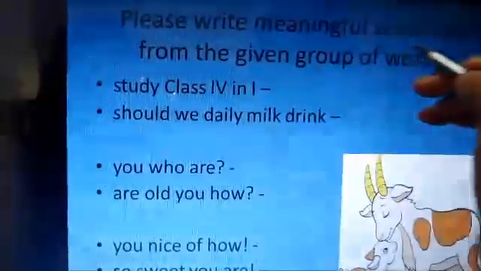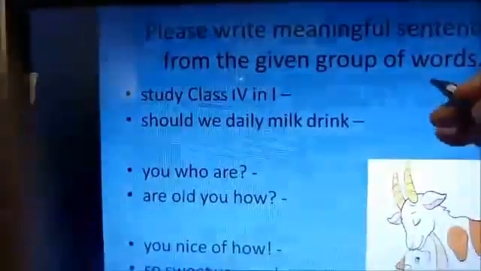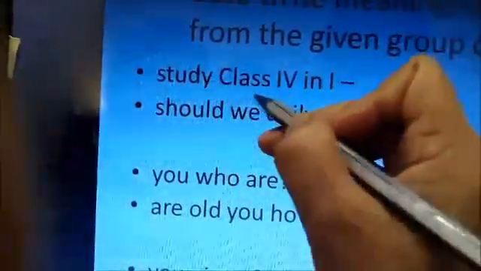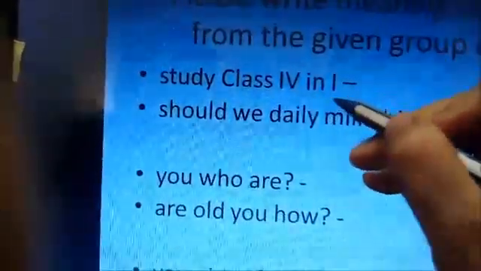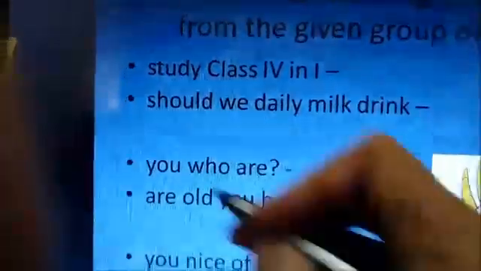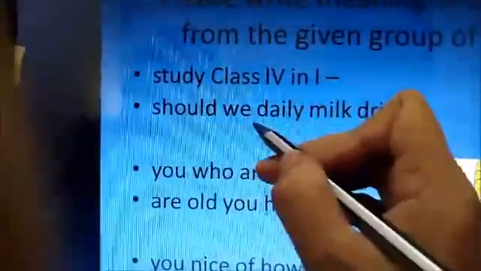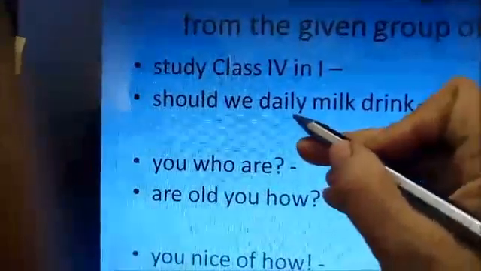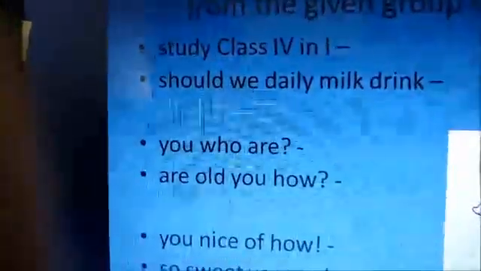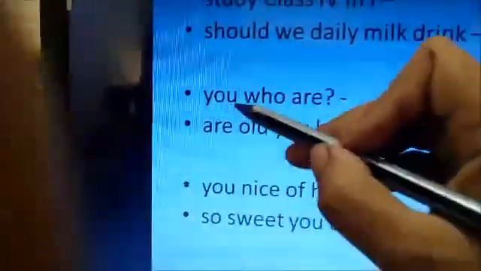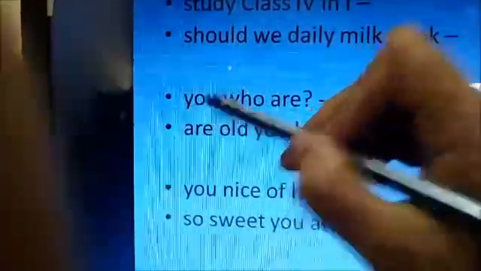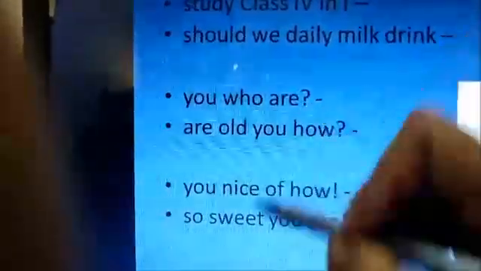Please write meaningful sentences from the given group of words. Question number 1. Study, class, for, in, I. Next sentence. Should, we, daily, milk, drink. Now another type of examples. You, who, are.